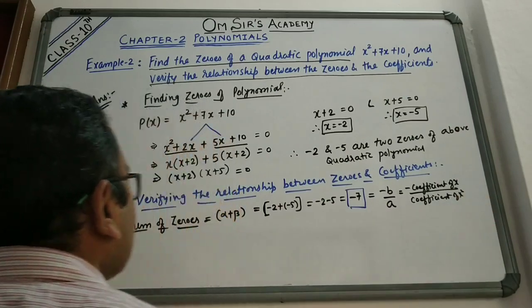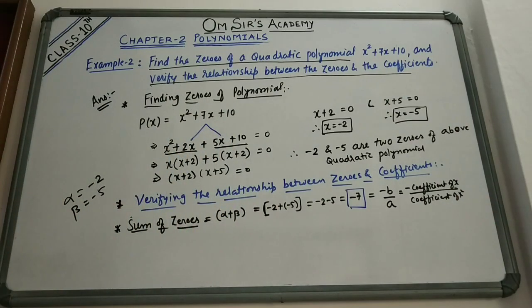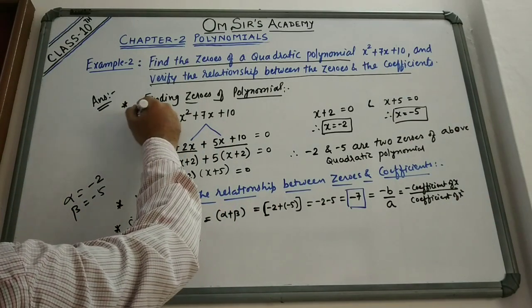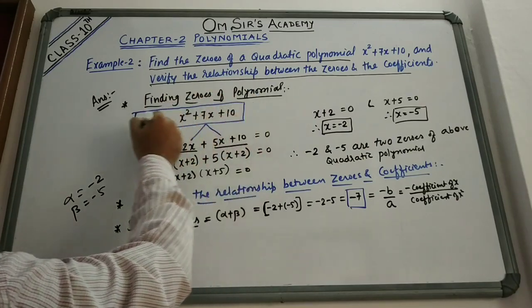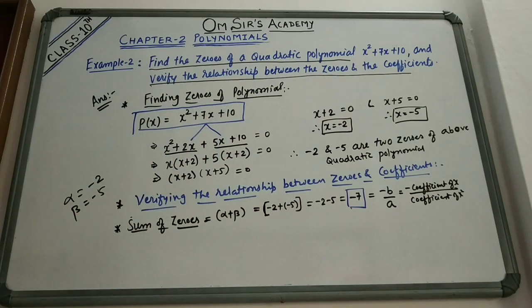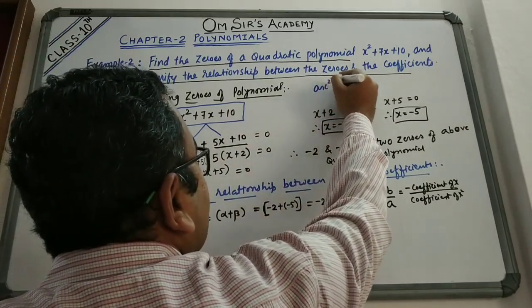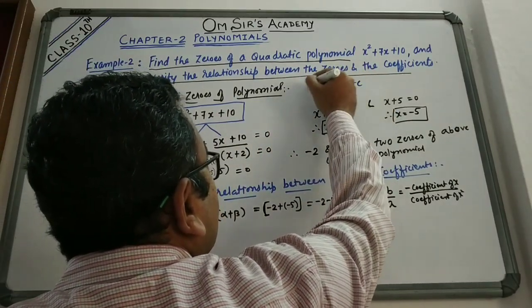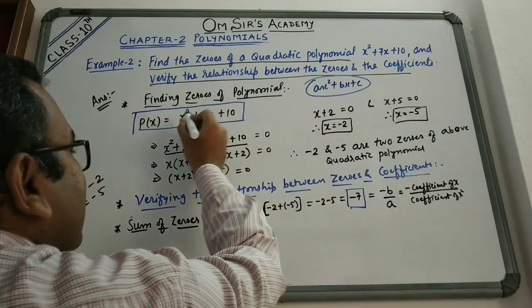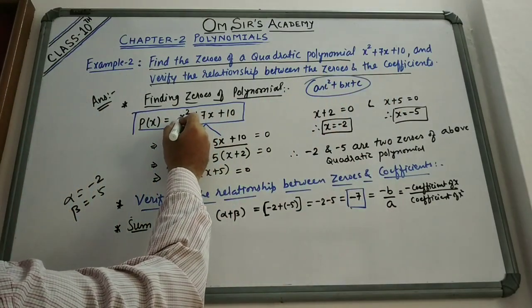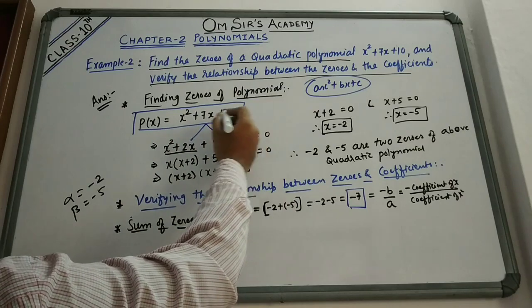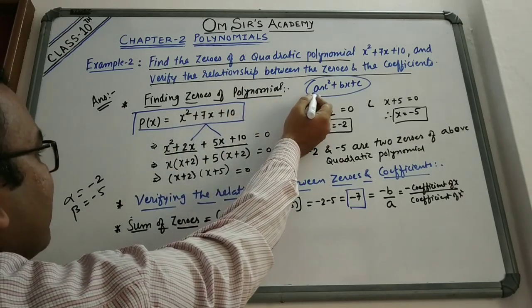Is it clear? So in this case, this was my quadratic polynomial, right friends? What is the standard form? Standard form is ax square plus bx plus c. So what is my a over here? Before x square comes a.